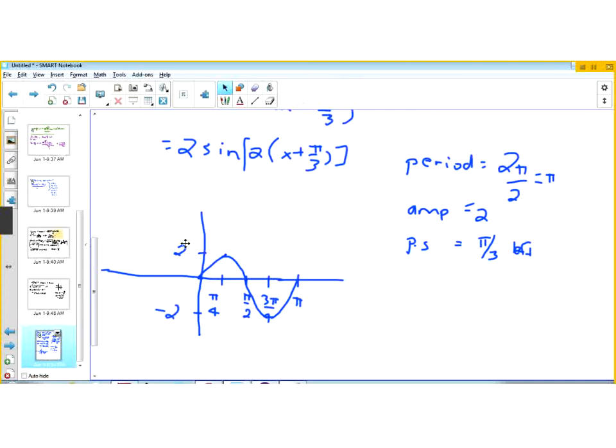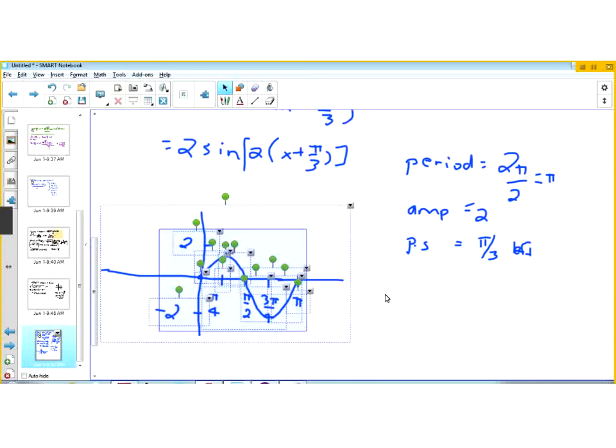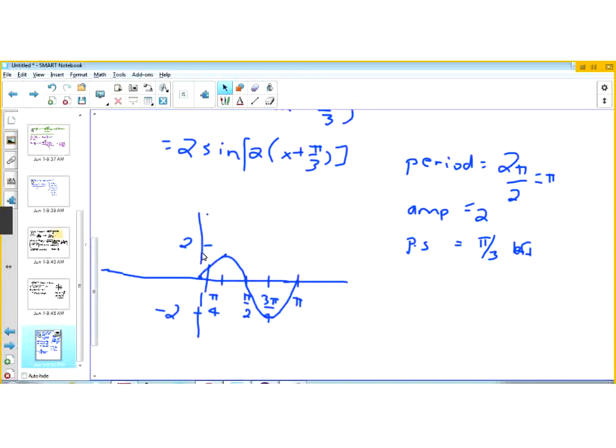Okay, now we need to incorporate the phase shift. So all we need to do is shift the curve left pi thirds units. Let's see if I can do it.